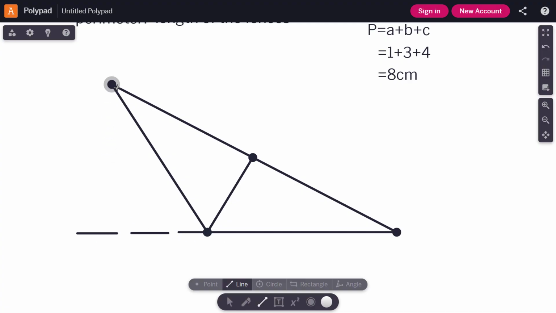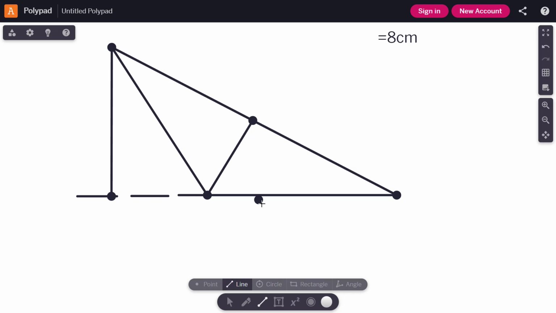Then we can finally get the point. Drag it down all the way to here. And then right angle, right angle. This is actually special because it's a unique way to draw an angle.